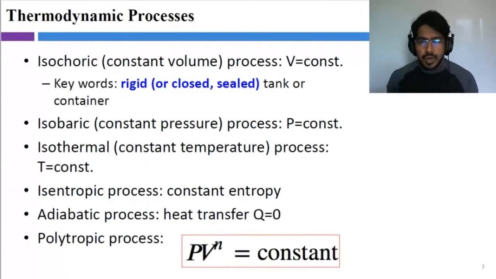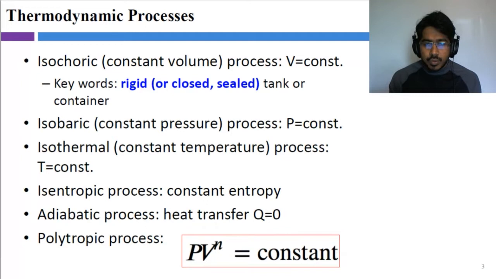Okay, I'm pretty sure that all of you already watched the video that I uploaded and you are familiar with the processes we have here. Just to refresh your memory, we'll go through them one by one. A constant volume process, in which the total volume or specific volume is constant, we can call an isochoric process, right?